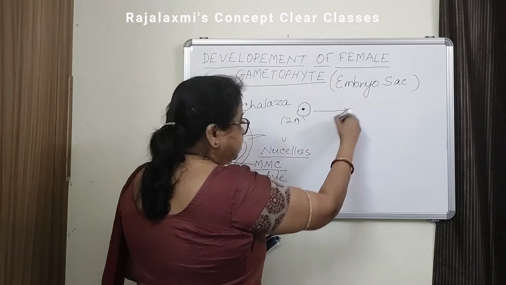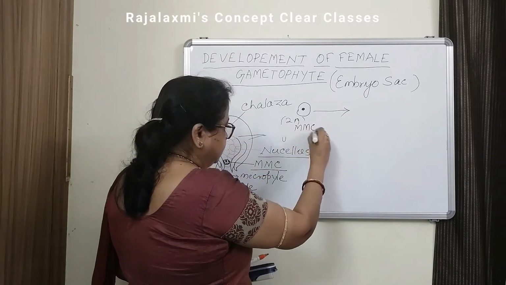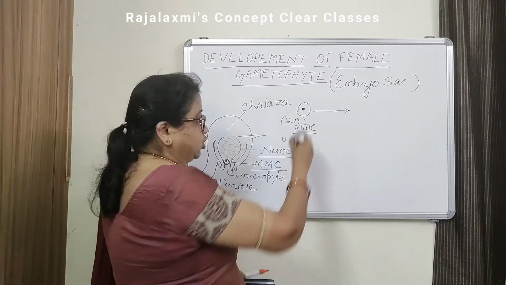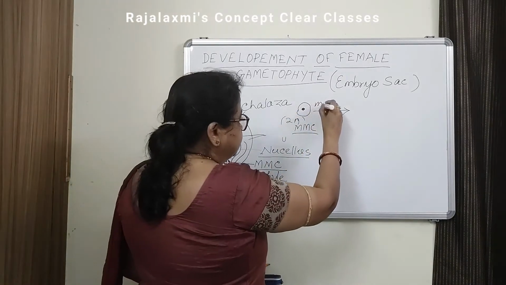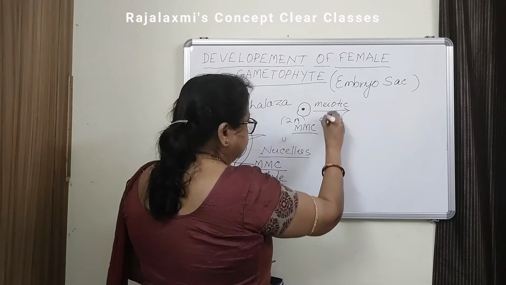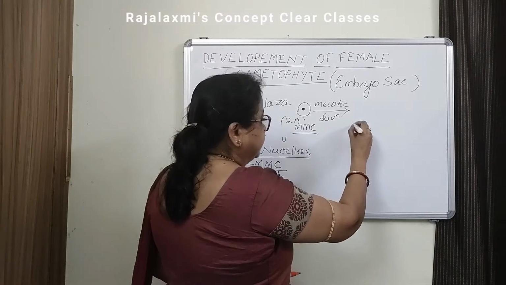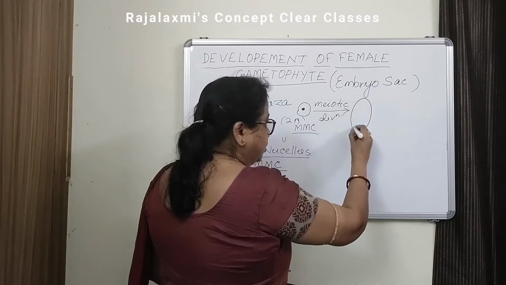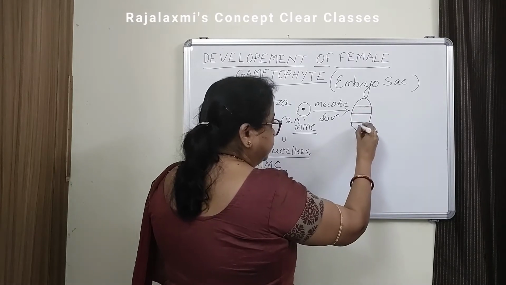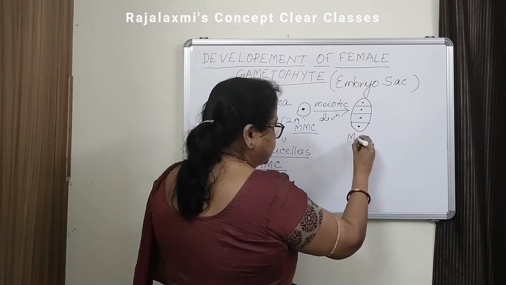This megaspore mother cell undergoes meiotic division to form 4 megaspores.